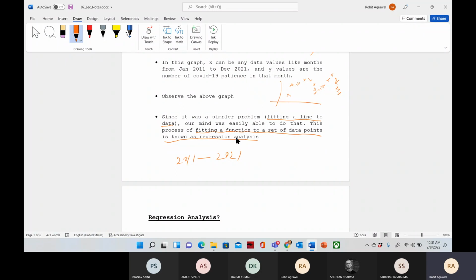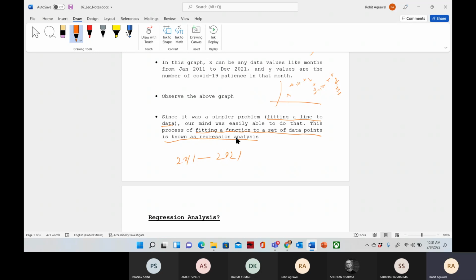Based on their mathematical calculation, they have the previous data, not only for India, they have the previous data of the whole world, and they design their mathematical model to predict the future COVID patients. Clear? So this is just an example of linear regression analysis.